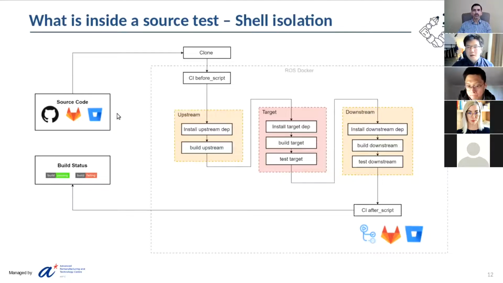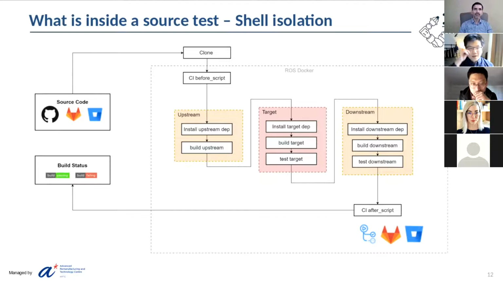Okay. So now we also have the shell isolation. For shell isolation, you don't really need to have a Docker architecture. Instead, you can directly use the ROS Docker as the Docker that the CI service runs. However, I don't think this is available right now in Travis, but it's available in GitHub Action, GitLab CI, and Bitbucket CI.